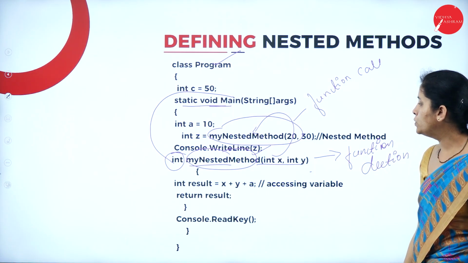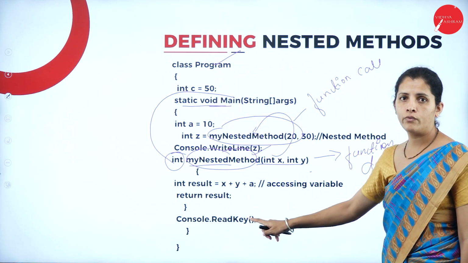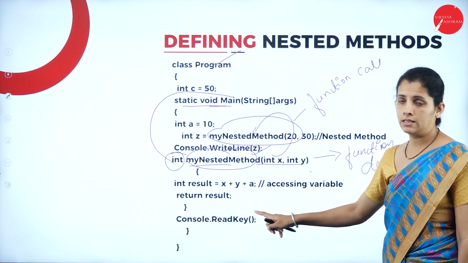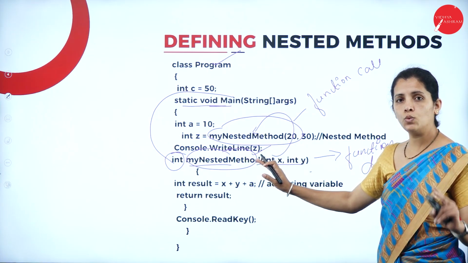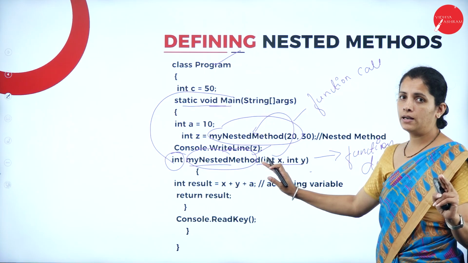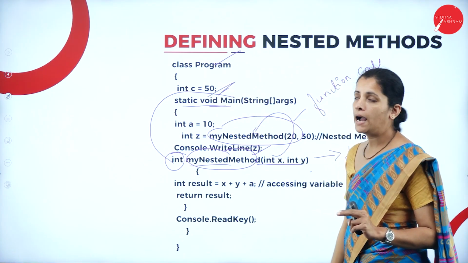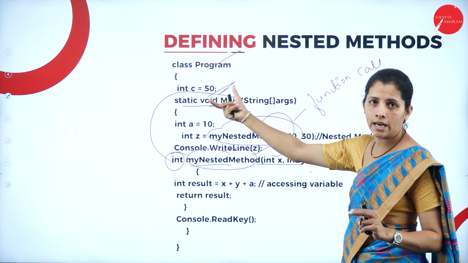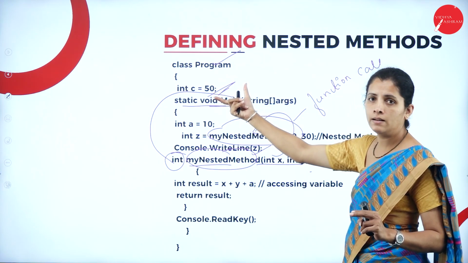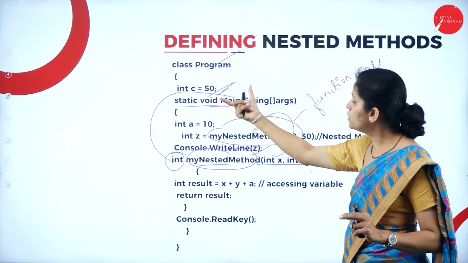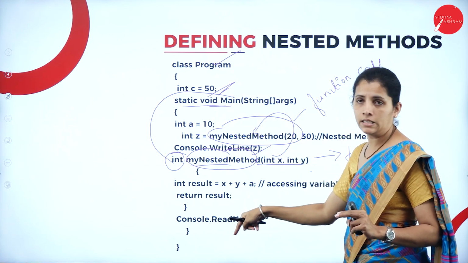And what I'm going to do? I'm going to find the sum of 3 variables. See here, this function can access only 2 variables, but here I have my class level variable. So this is my class level variable and I can access this variable in my method.